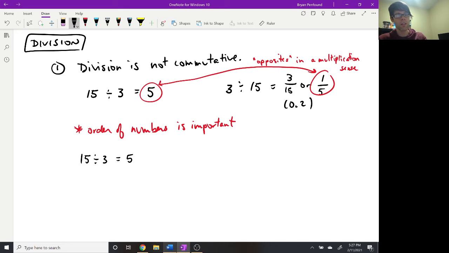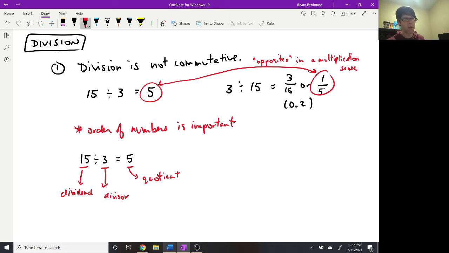Okay. So these are the phrases that typically go along with a division statement in the textbooks that I've seen. The quotient is the final answer. And then we have these 2 other numbers here, the first being the dividend, and the second being the divisor, so the thing that's dividing into the other number.